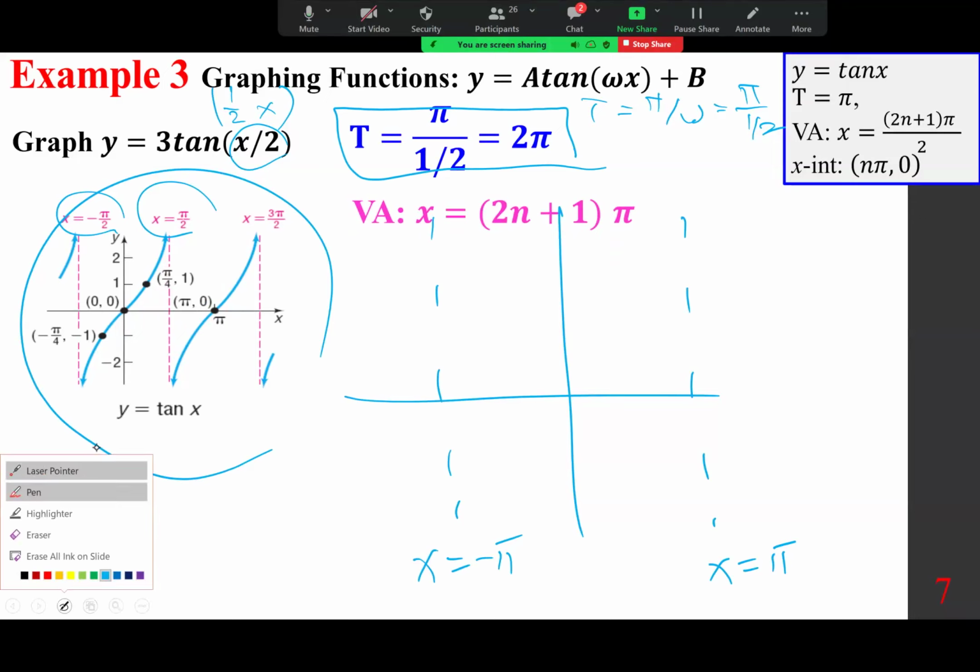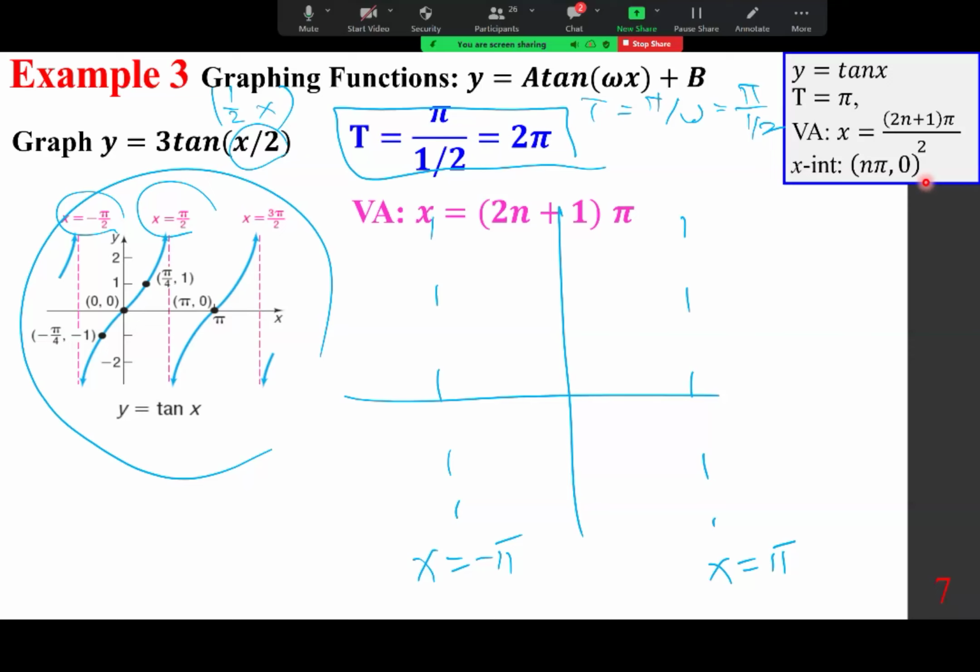Now, as far as this one is concerned, the vertical asymptotes, replace the pi with 2 pi. 2 pi divided by 2 becomes pi, and that's why we get 2n plus 1 times pi. Replace the pi with 2 pi, this becomes 2n pi, 0. So in short, this becomes the graph. And of course, you multiply by 3, so it stretches by a factor of 3. Okay, just to give you an idea.